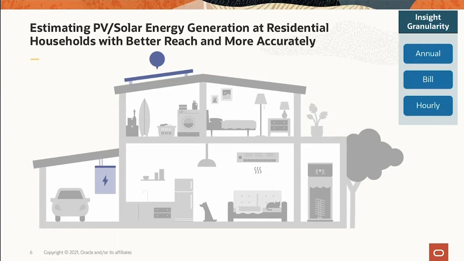At this talk, I'll be focusing on our solar detection and disaggregation model, which can very accurately predict solar energy generation at residential households without the solar system information. Our models, unlike the physical models, use only readily available attributes as input, such as net energy usage and weather.